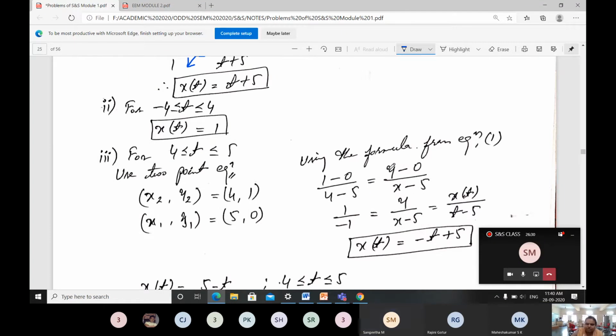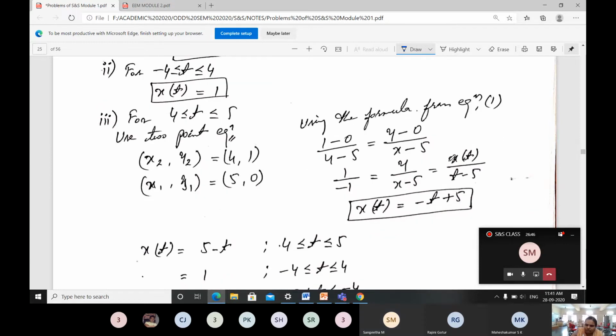Then solve for this. Y is nothing but x of t, x is nothing but t, right? Here 1 you will be getting, here 4 minus 5 is minus 1. After substituting for y and x, here x of t divided by t minus 5. If I just cross multiply here, x of t is going to be taken here, then multiply minus 1.